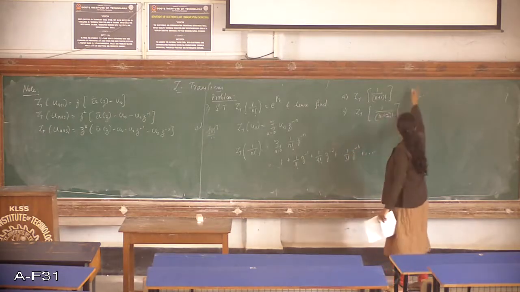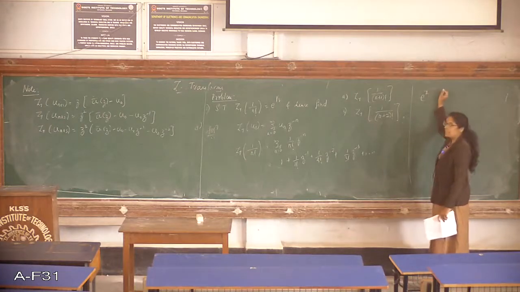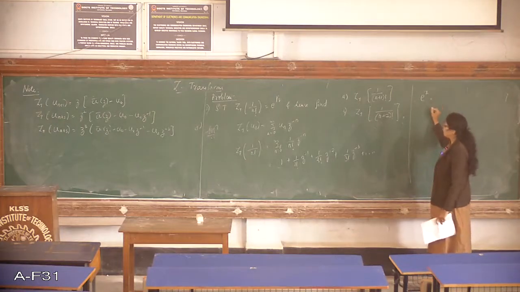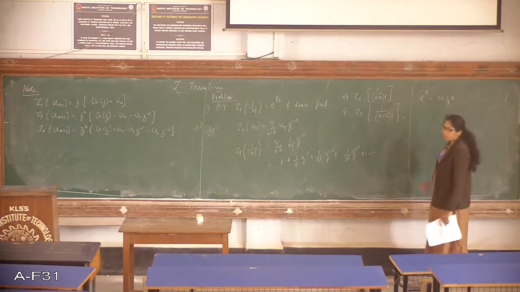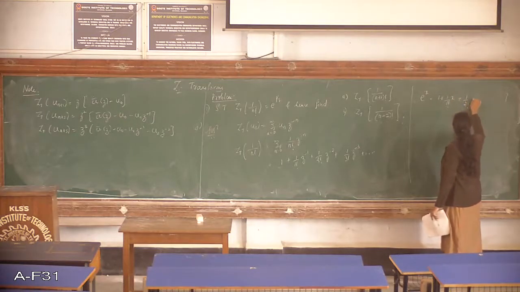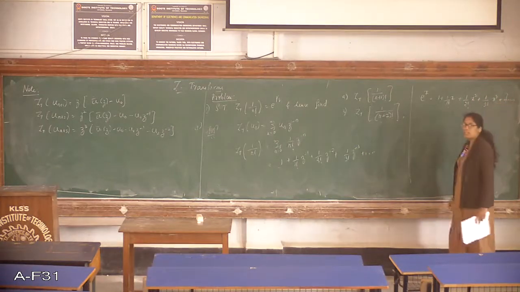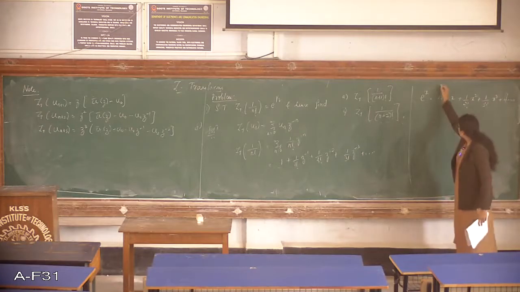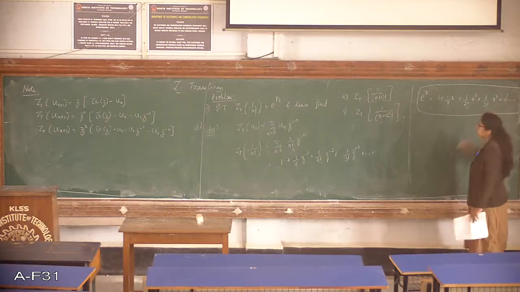Now, if you remember, what is e raised to x basically? E raised to x is nothing but 1 plus 1 by 1 factorial into x, which is nothing but x by 1 factorial, plus 1 by 2 factorial into x square, plus 1 by 3 factorial into x cube, plus so on. This is the expansion of e raised to x.